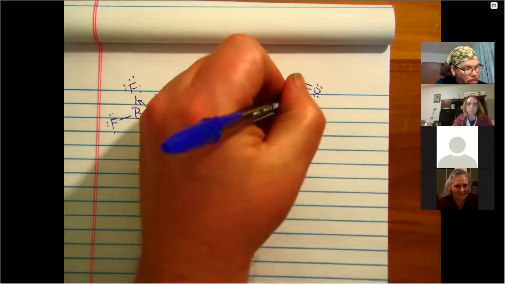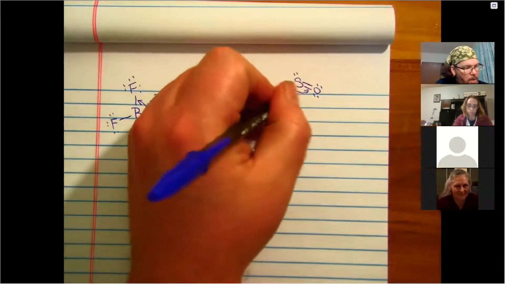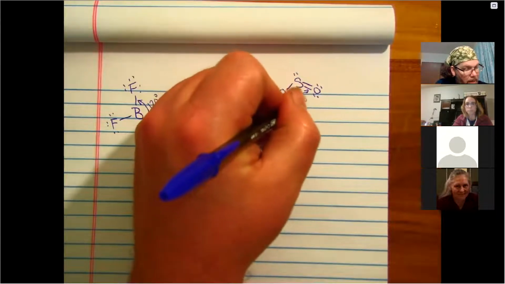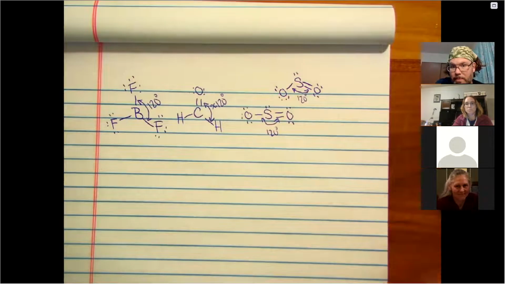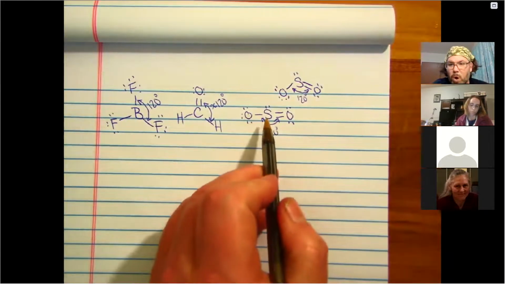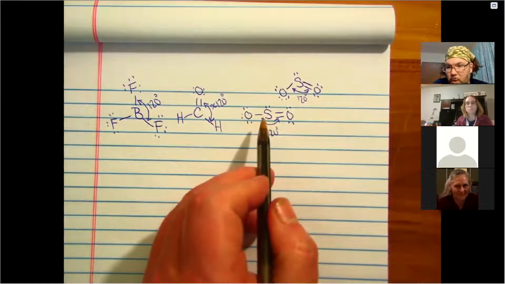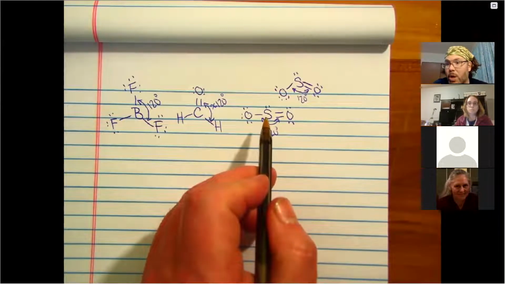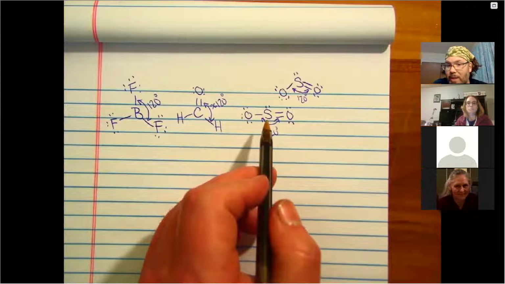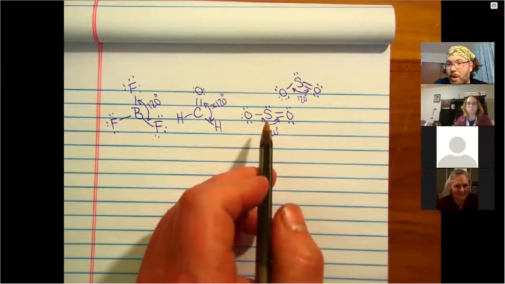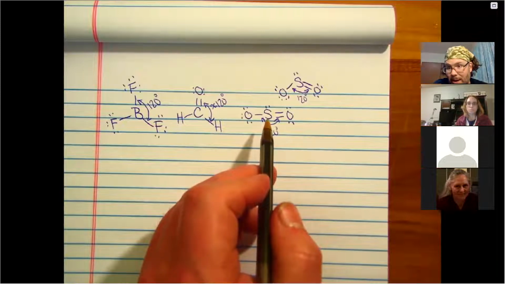So our bond angle between those bonds is going to be about 120 degrees. So does that mean that it was wrong for me to draw this Lewis structure this way? No, it's fine because Lewis structures don't directly indicate the shape around a central atom. The number of electron groups around that atom is what dictates the shape.